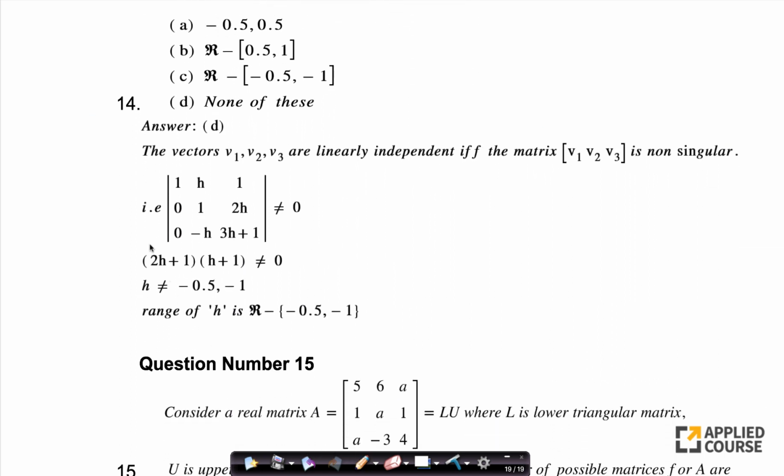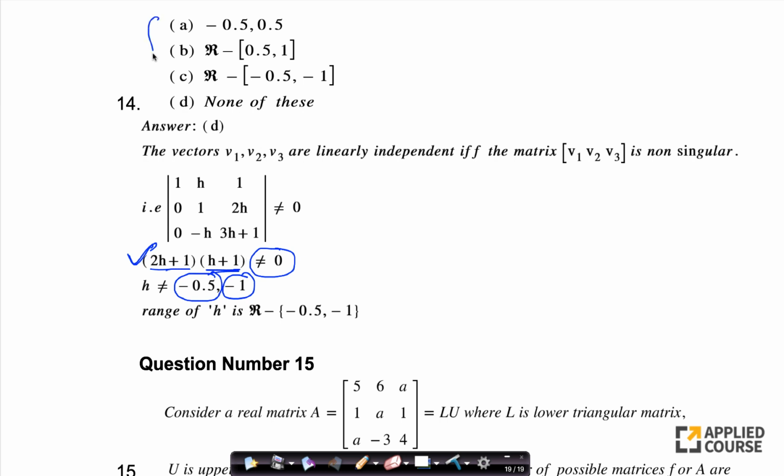So I'm trying to get this into a multiplicative form here. Look at this. When I'm simplifying this determinant, I'm trying to get this into a multiplicative form so that I can say that h should not be equal to -12 and h should not be equal to -1, because the moment they become equal to -12 or -1, this whole thing will become 0 and the matrix and these vectors will now become linearly dependent, which we don't want.